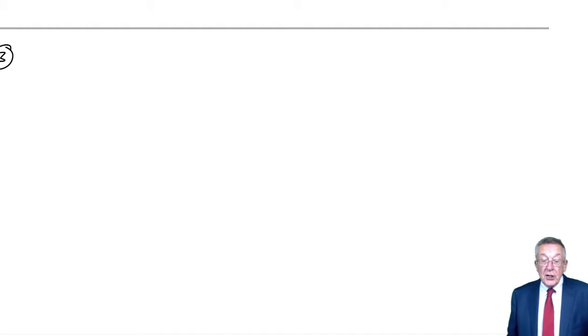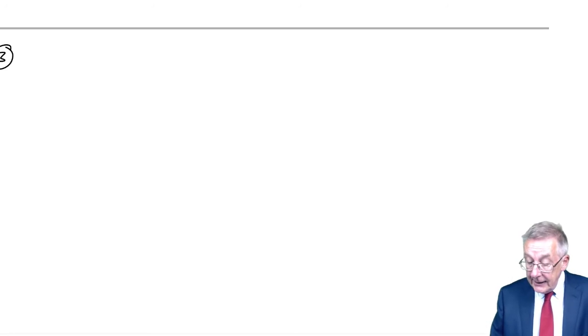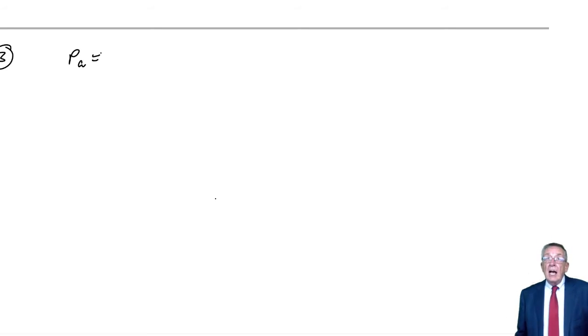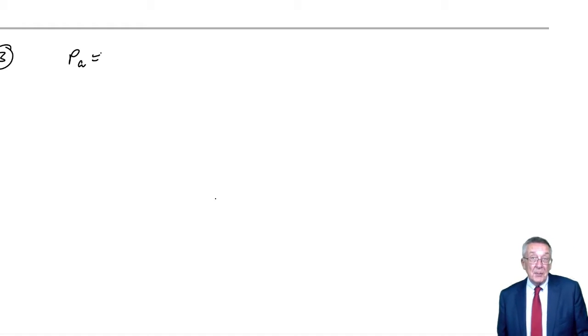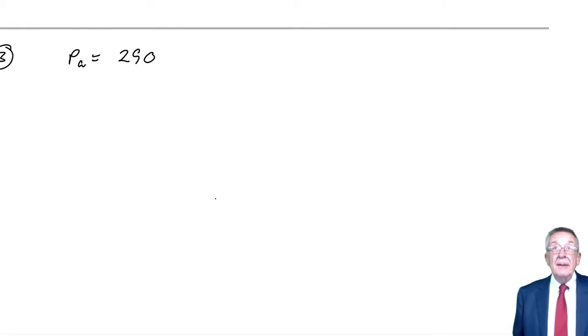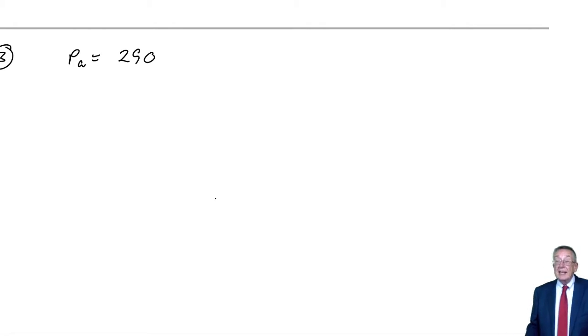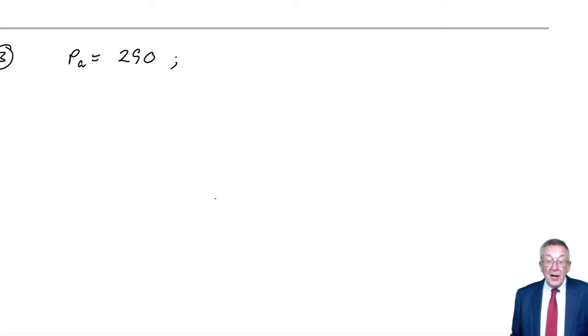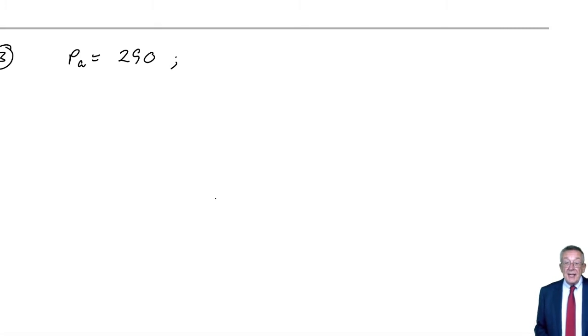First of all, it says the current share price is $2.90. So PA, I prefer to work in cents all the way through, and the answer will be in cents. So I'll put 290. If you want to put 2.9, it won't make any difference, but your answer will be in dollars. The exercise price is $2.60.